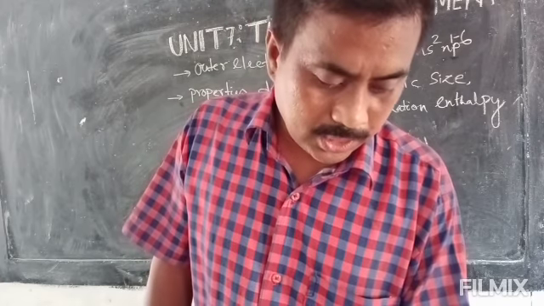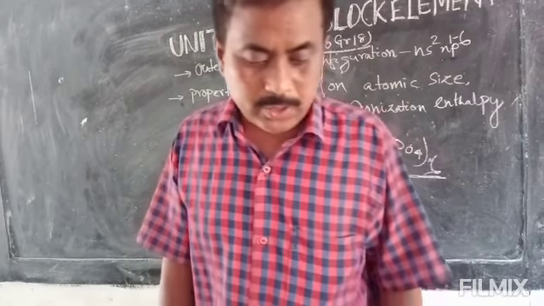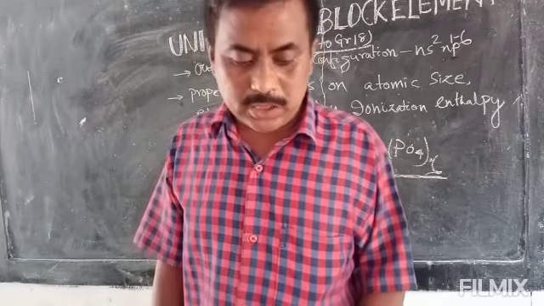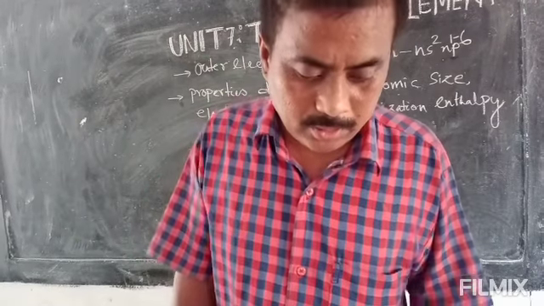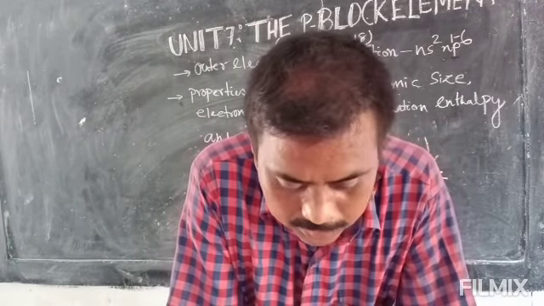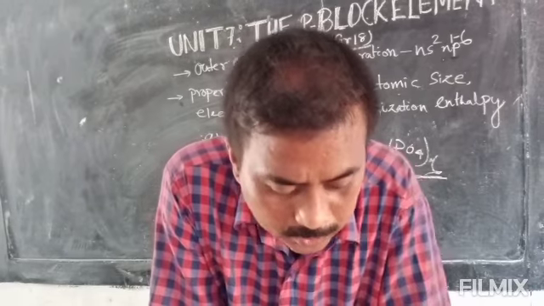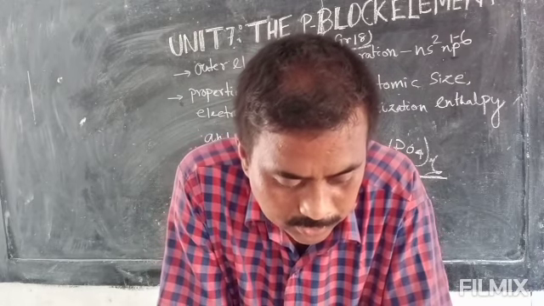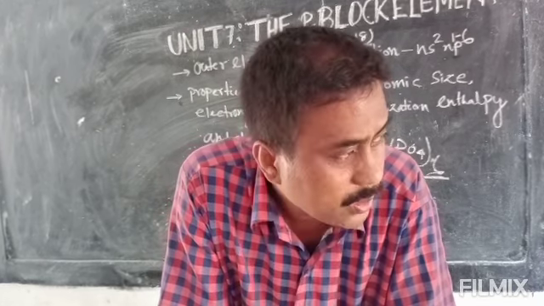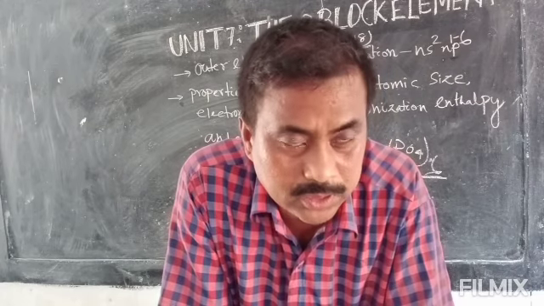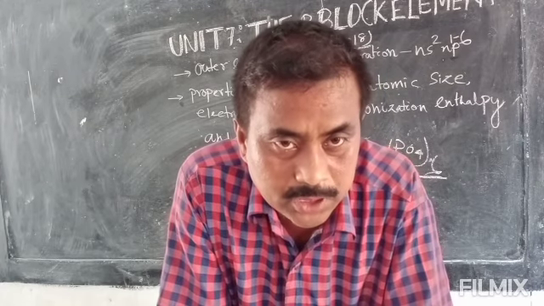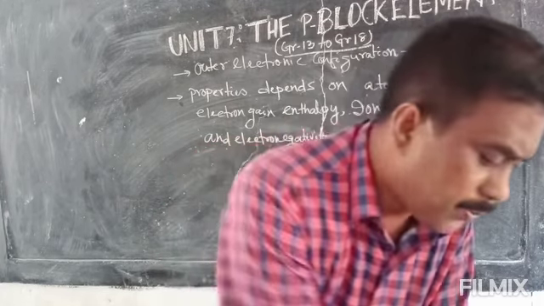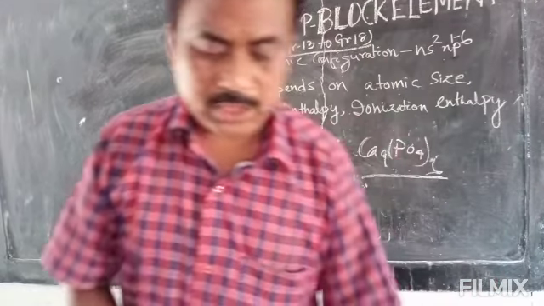Now we'll go to the electronegativity. Electronegativity value in general decreases down the group with increase in the atomic size. This is because electronegativity means the power of attracting electrons. Down the group, size automatically increases.